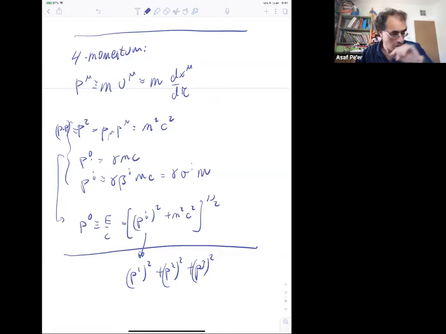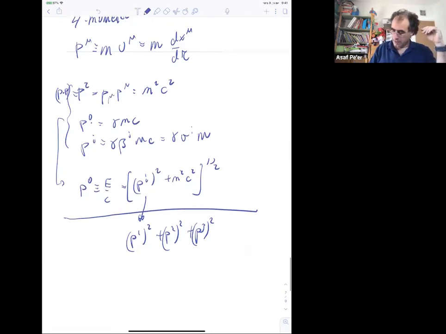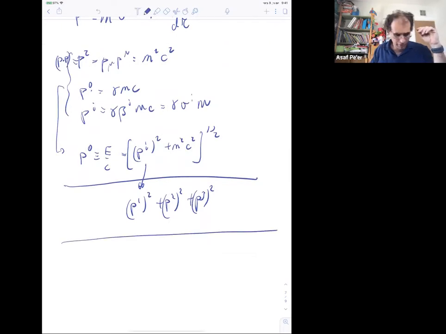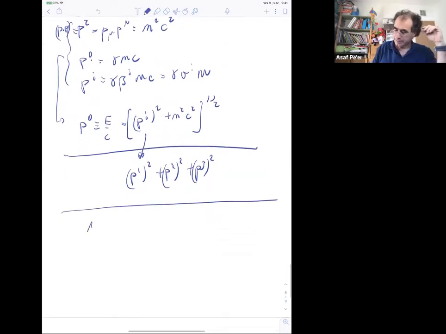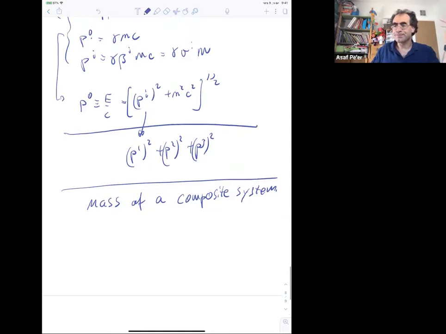Okay. Just a few more bits and then we'll finish with that. So the mass of a composite system. Let's say we have a system that contains 2 particles, right?